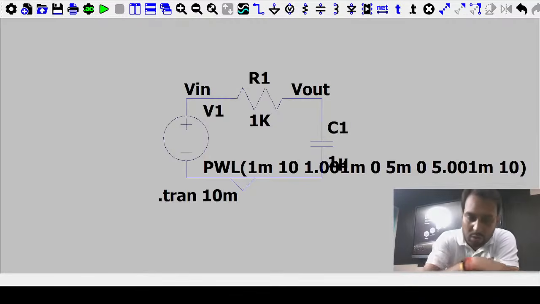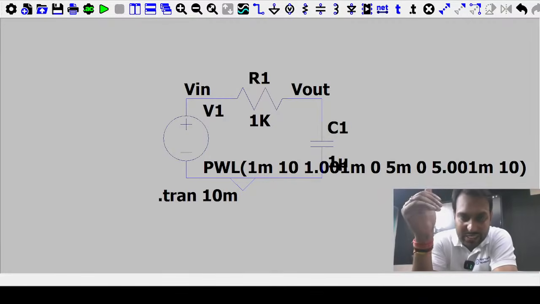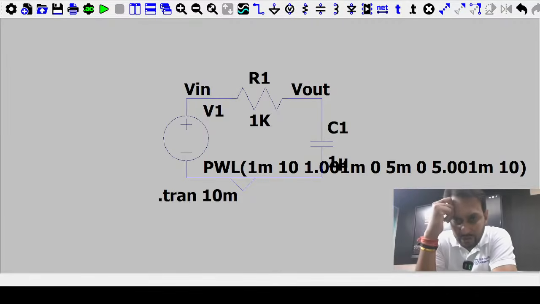Once you go for ASIC design, in the ASIC design flow, the power dissipation is VDD into ID, and you have a drain current, and you can find it. On the basis of W by L, you can improve your ID.